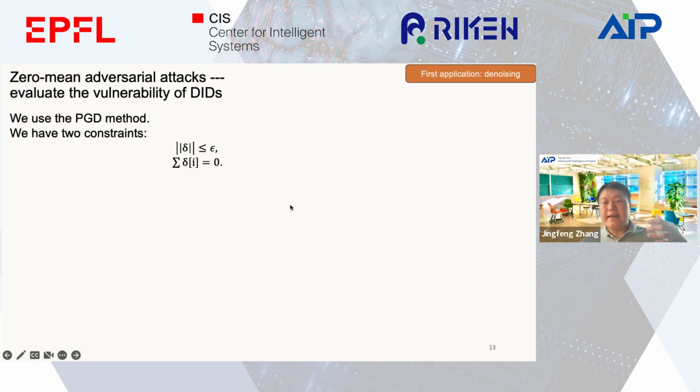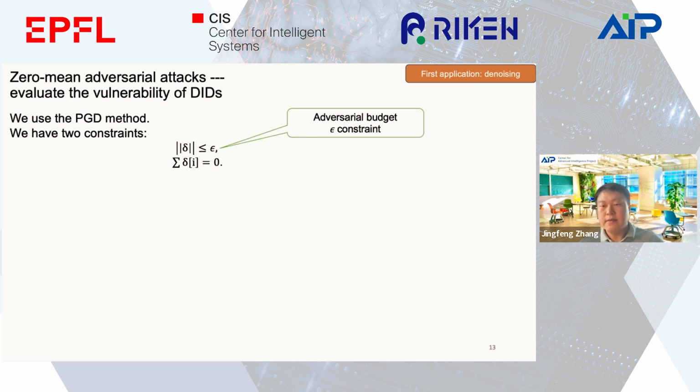To realize this attack, we use the PGD method. But this PGD method has to meet two constraints, which is different from the conventional one. First, the noise should be bounded by the adversarial budget.